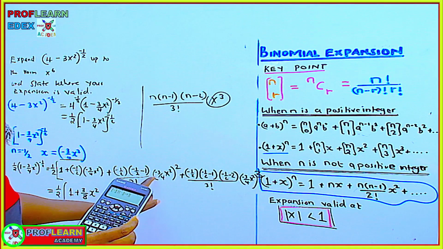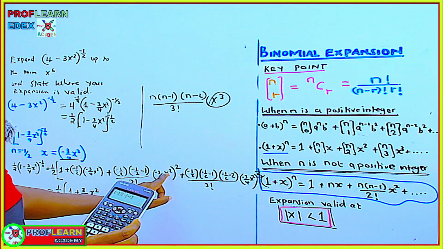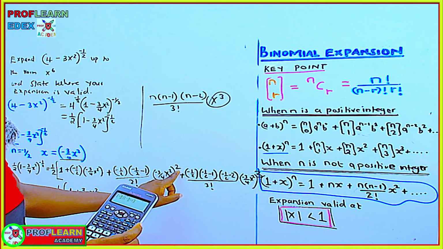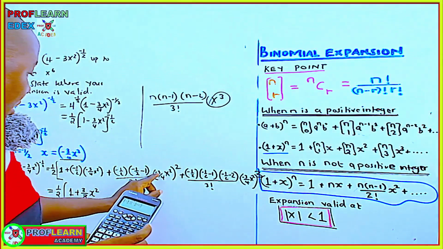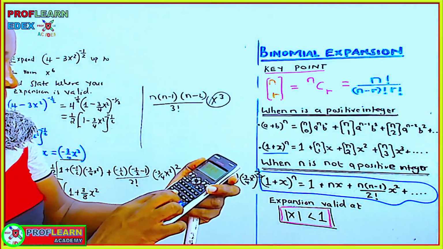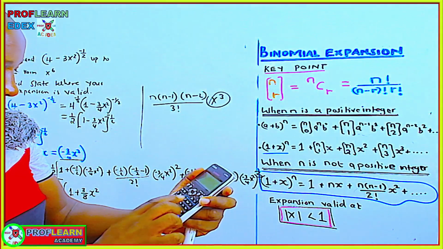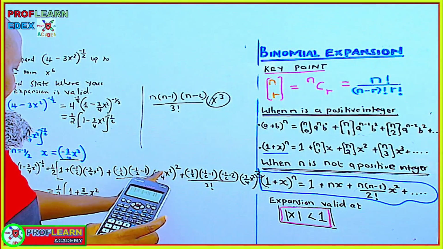Yeah, you see we are having here negative 3 over 4, because this number is going to be raised to power 2. So once we have entered this, we're going to say times negative 3 over 4, but that one is also affected by this power 2.